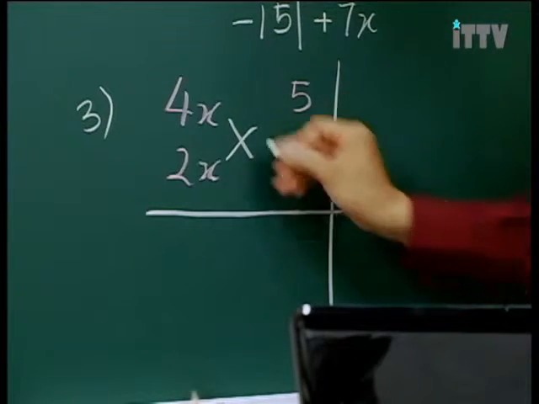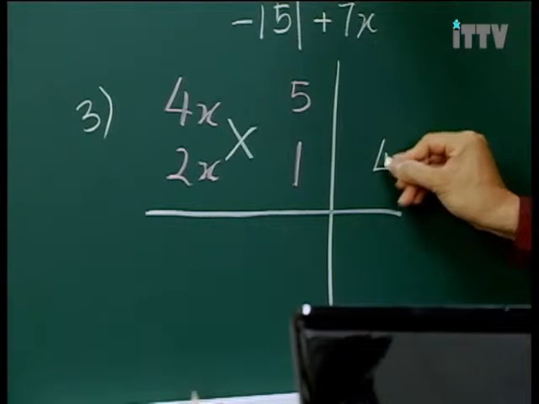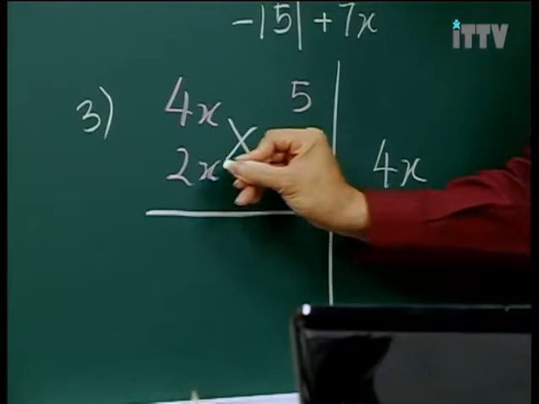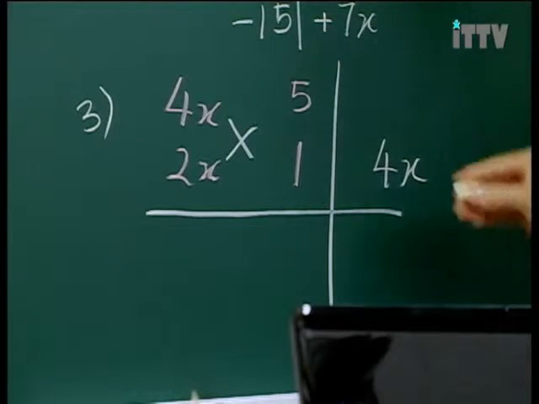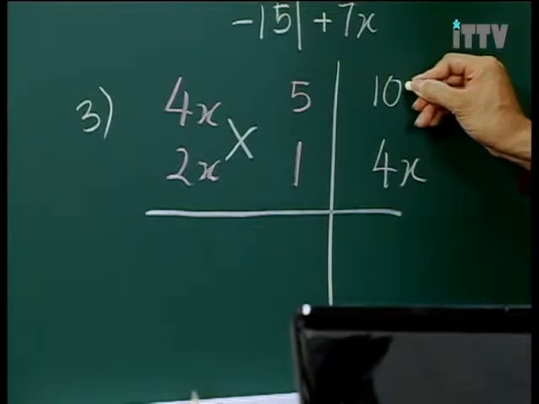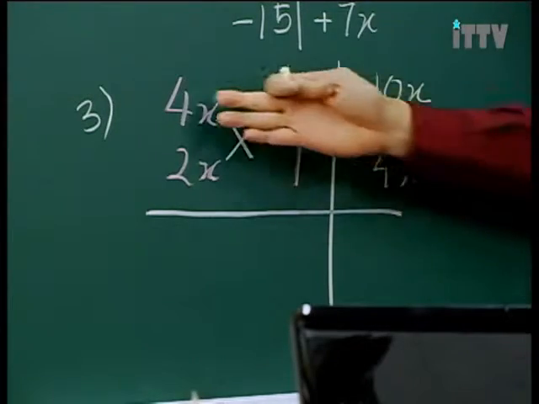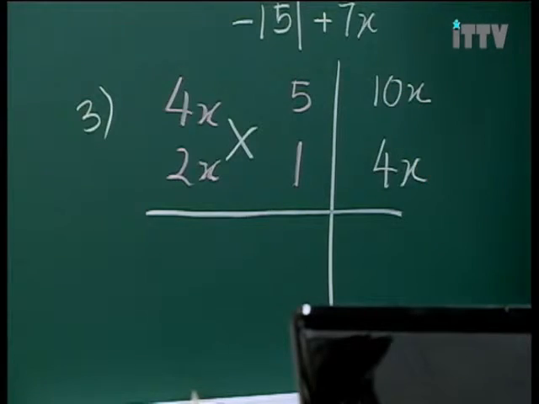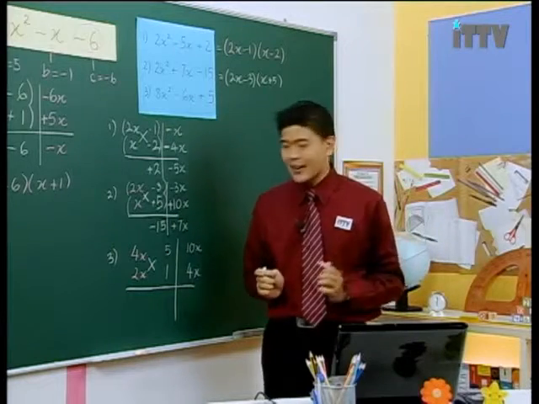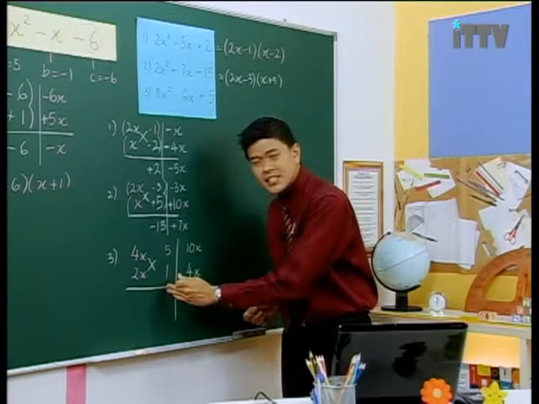So multiply diagonally. 4x times 1 gives you 4x, and 2x multiplied by 5 gives you 10x. Remember, don't put any positive or negative sign until you have completed all the 3 columns in this table. Now, let's check the sum in this column and the product in this column.